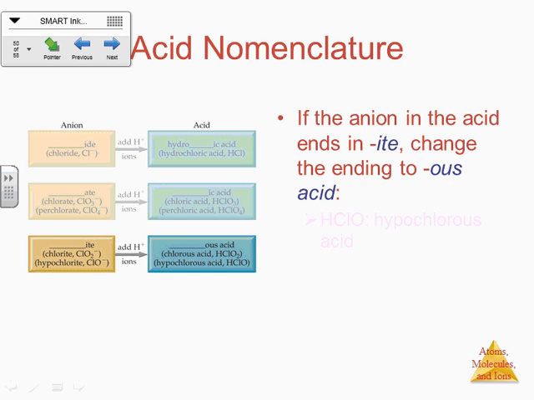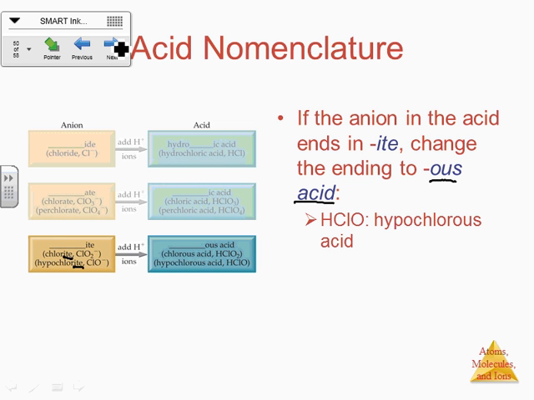Now, if the anion in the acid is ITE, for example, chlorite or hypochlorite, then you're going to put OUS and acid, and you're not going to have the hydro in front of it. You drop that, so you just put ous acid.